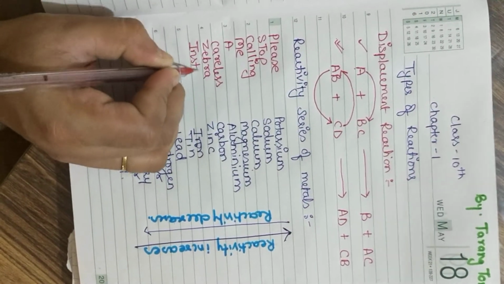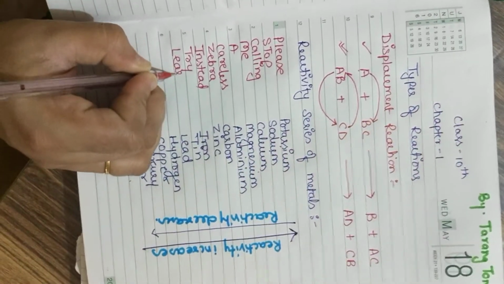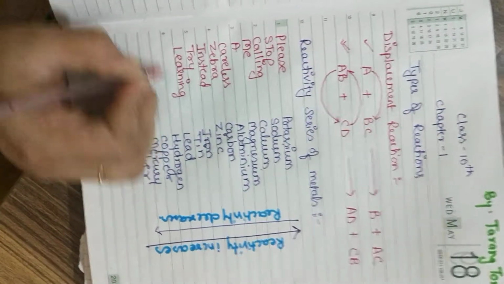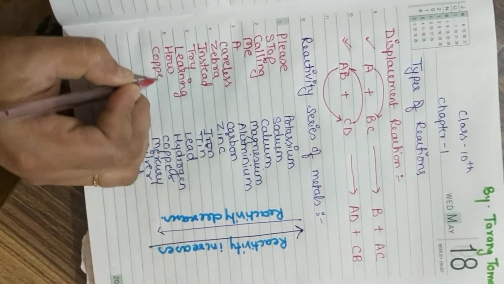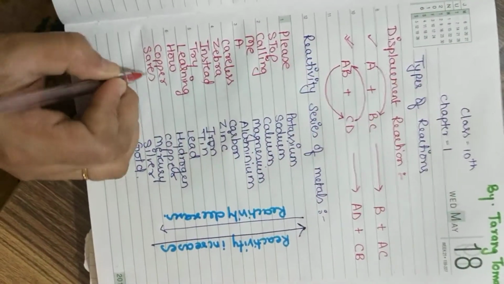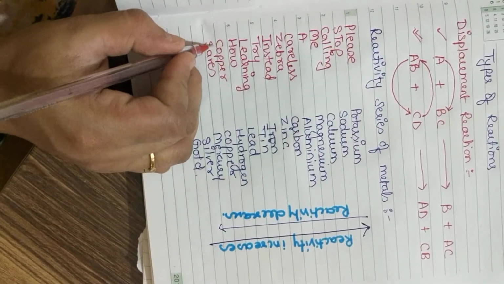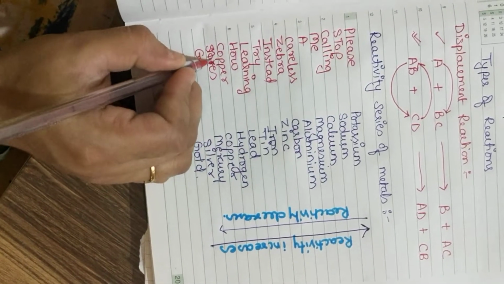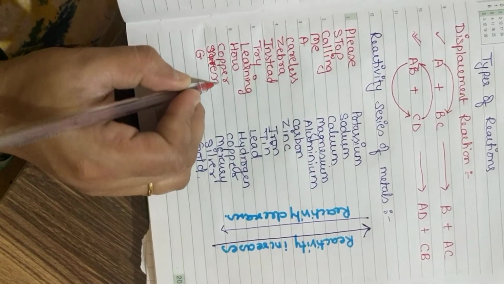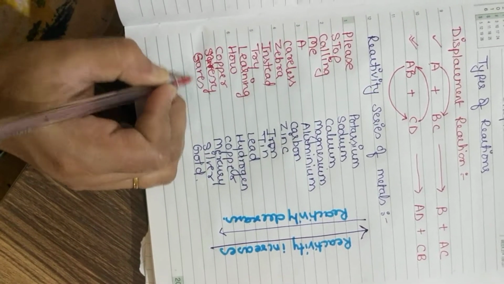Instead, try learning how copper saves copper, mercury saves gold.